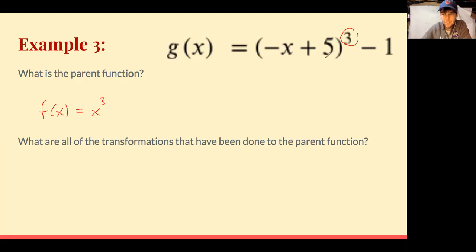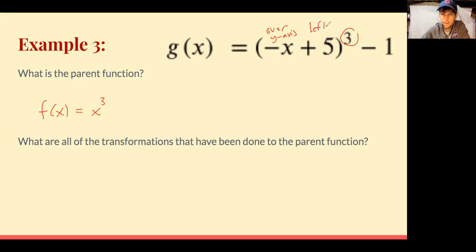With the negative and the plus 5 happening on the inside, this can be actually quite tricky to identify what's happening and the order. Because remember, this negative on the inside is supposed to be a reflection over the y-axis. And this is supposed to be a horizontal movement to the right. Oh, my fault, not to the right. To the left.